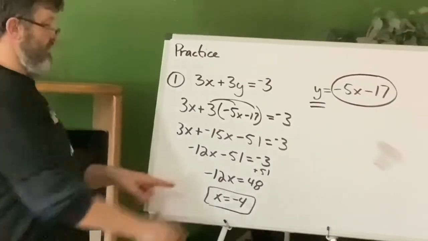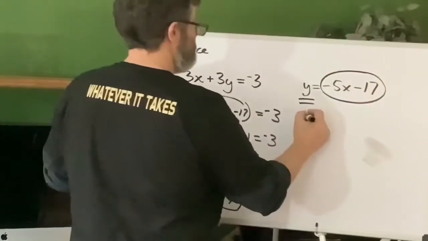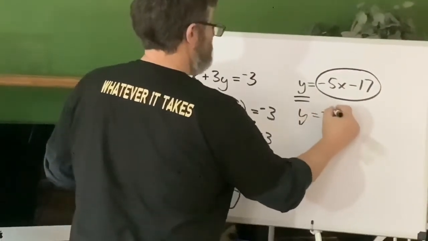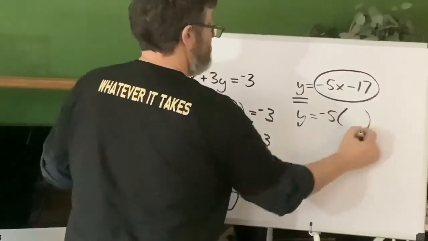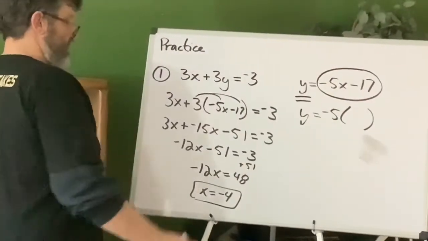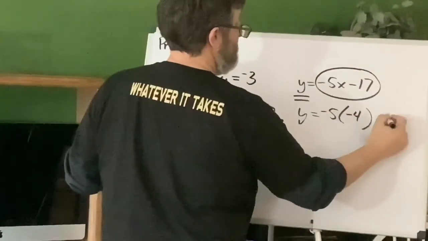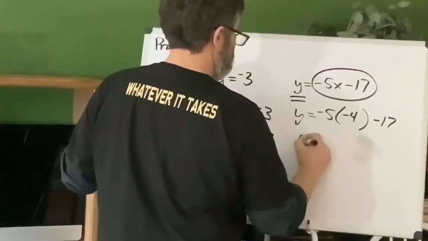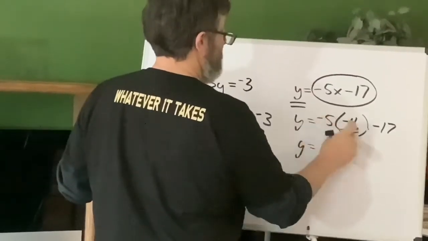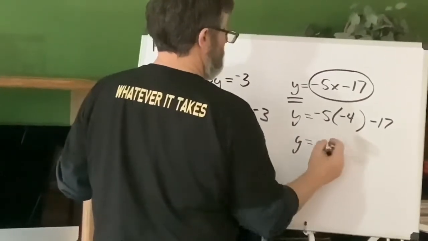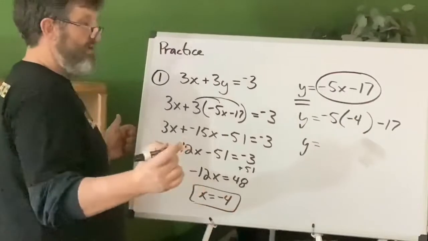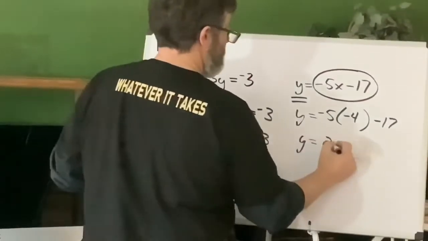So here we go. We know what x is. So we say y equals negative 5. Take x out of the game. Put what it equals in. Negative 4 minus 17. Okay. Negative 5 times negative 4. Positive 20, right?